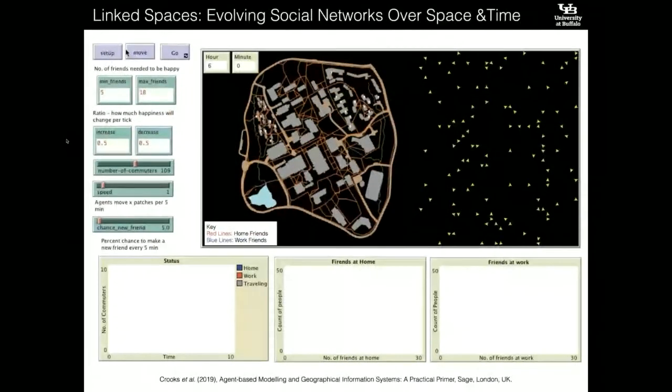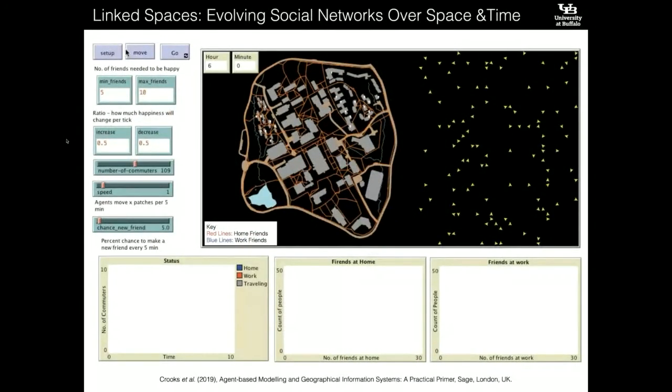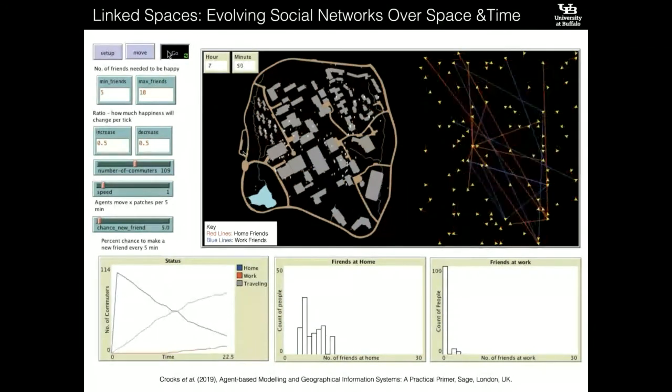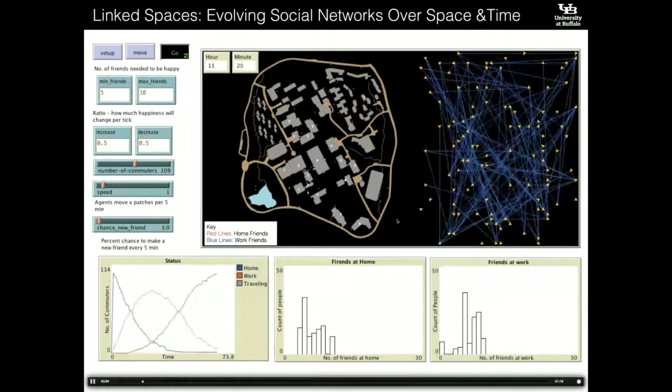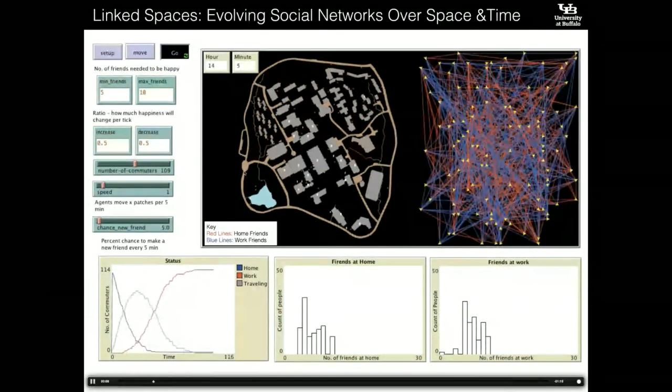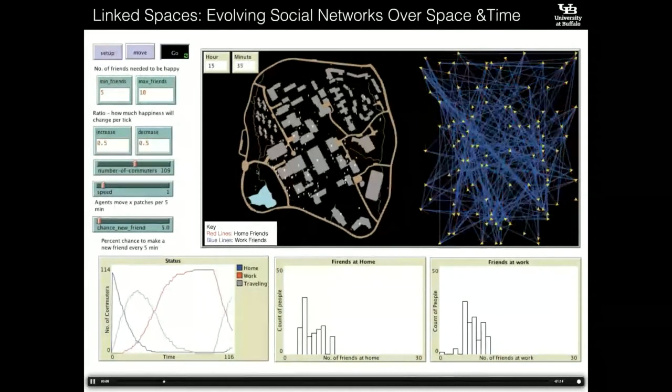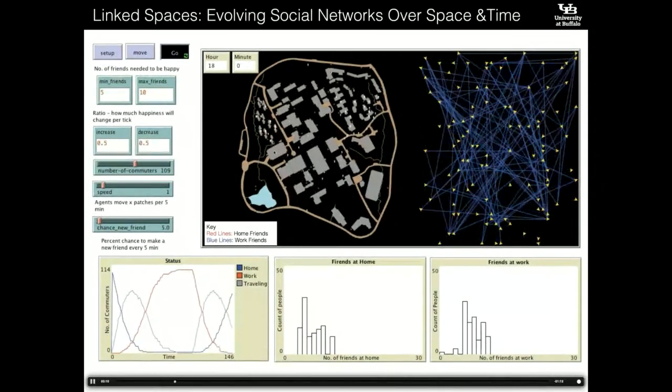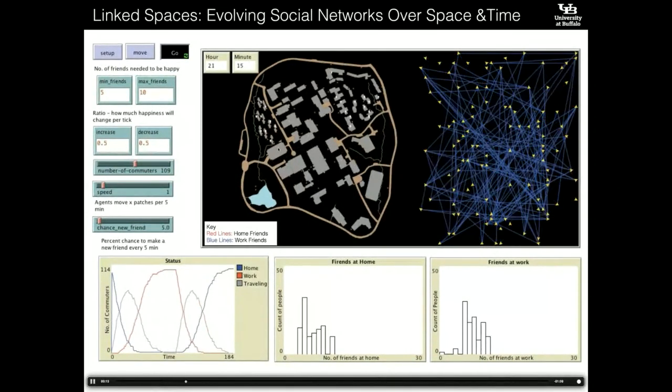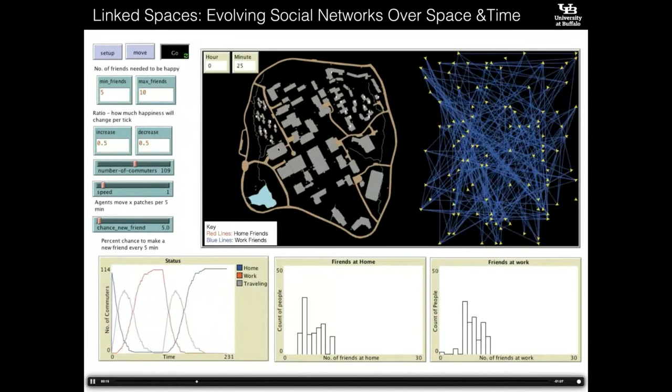And we started building some very simple agent-based models of this to generate very basic patterns of life, where we might have agents located at home. They'll go to work. This is their social network. And you'll see that over time these agents will interact with each other. They have their home network in red, the work network in red, their home network in blue. And you can see interaction occurring.